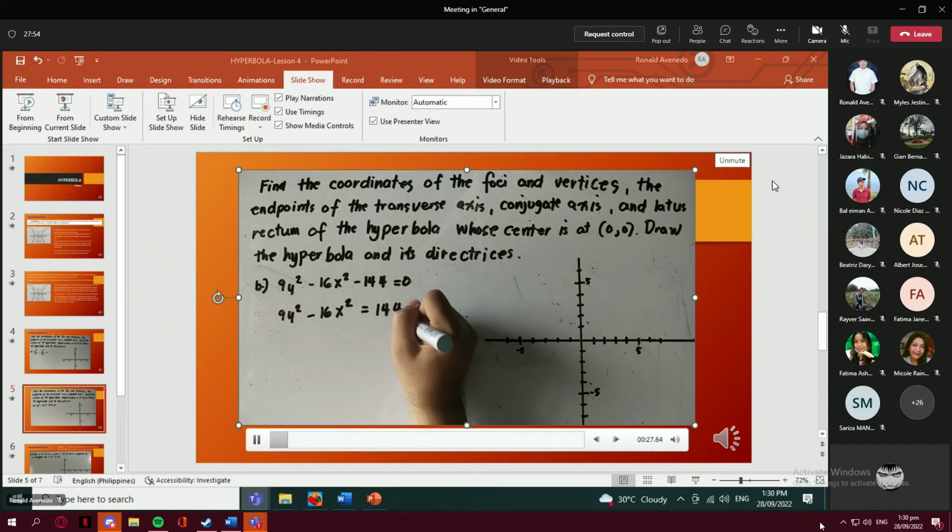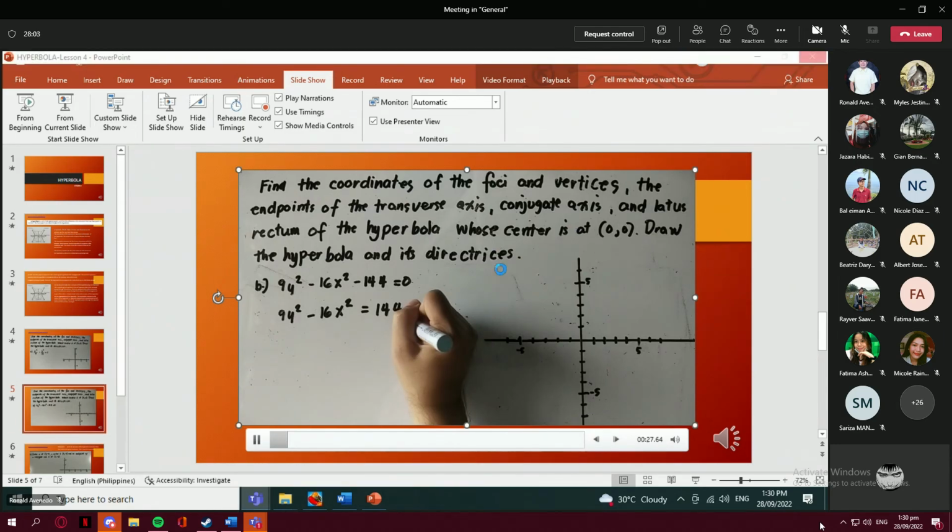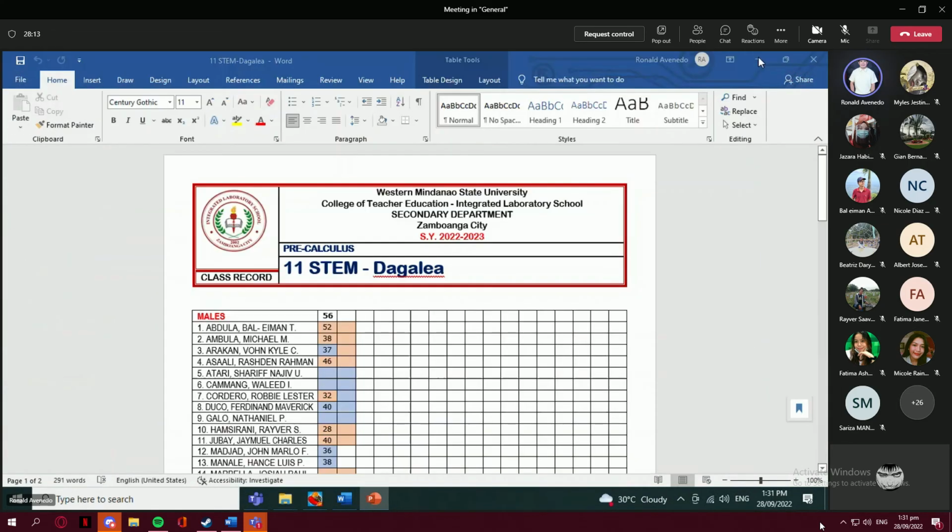Equate the equation to 1, so therefore divide both sides by 144. So this is y squared over 16 minus x squared over 9 is equal to 1.